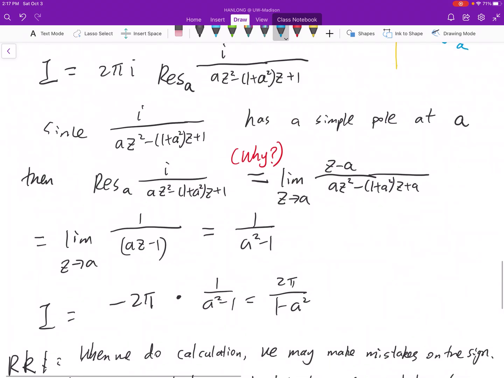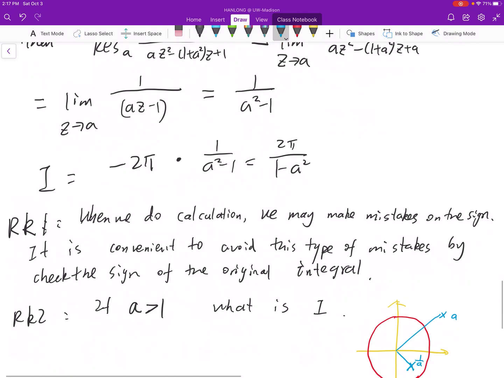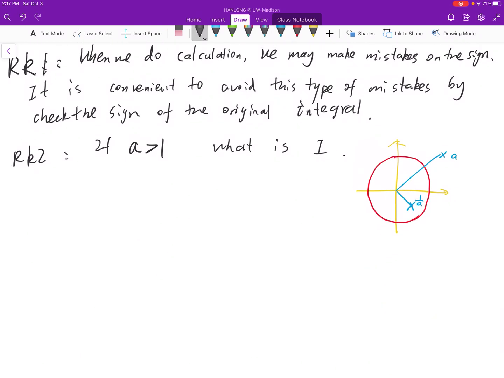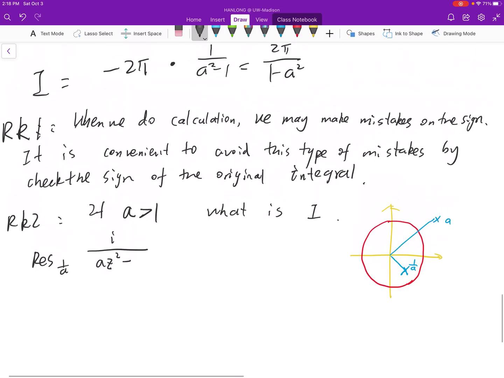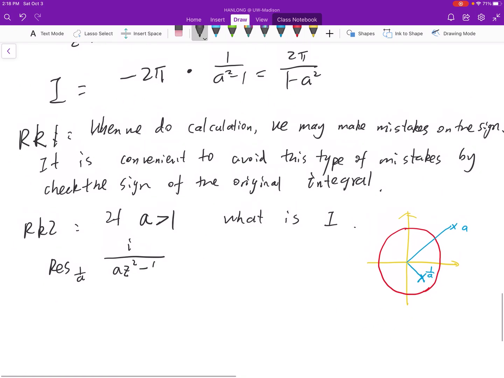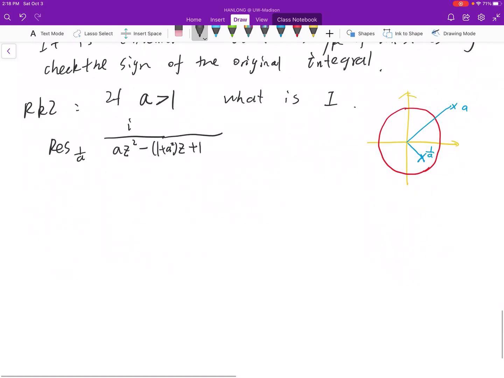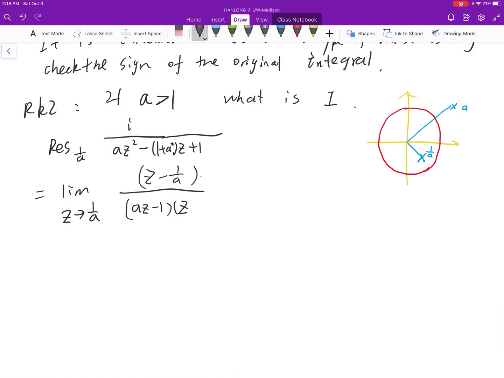Therefore, you need to compute the residue at 1 over a of the function, which is the limit as z goes to 1 over a, of (z minus 1 over a) times i over (z minus 1 over a)(z minus a).